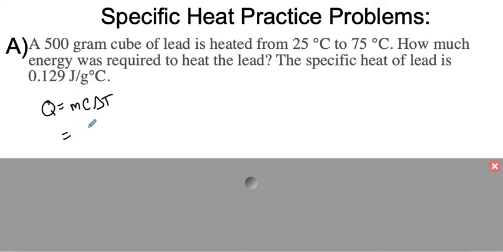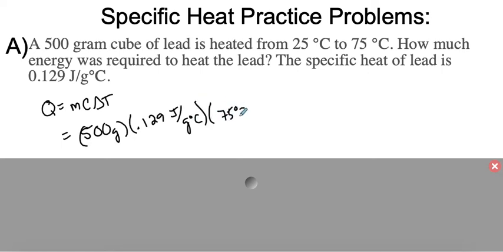So we have all the values to plug in. Make sure that the units work. That's grams, so we can just plug in everything as we see it. So 500 grams times that value for C. And then we have to do change in temperature, so our final temperature minus initial temperature.